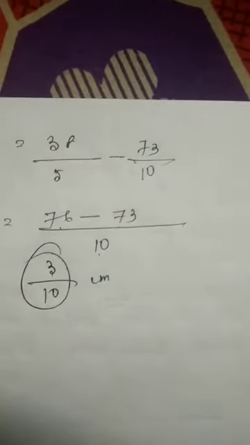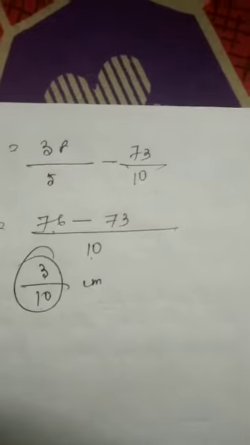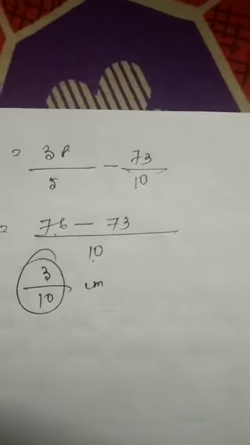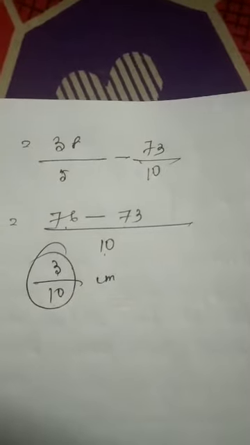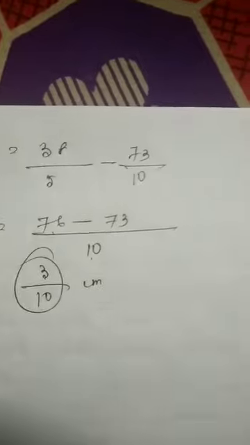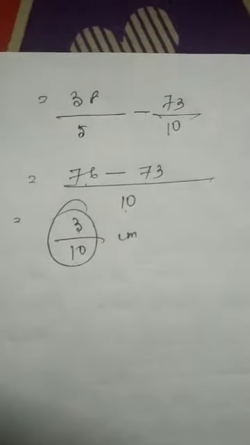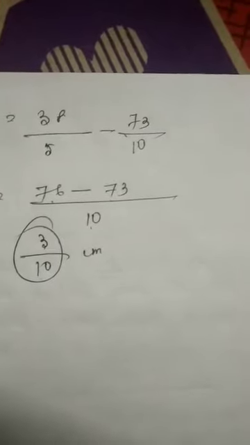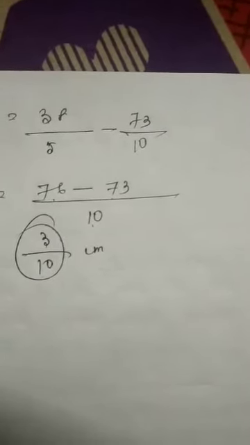How much to be trimmed? That we have to find by subtracting 7 3/5 minus 7 3/10. Once we subtract, since the values are mixed fractions, we'll convert them into improper fractions. After converting into improper fractions, we got 3/10. So 3/10 centimeter needs to be trimmed.